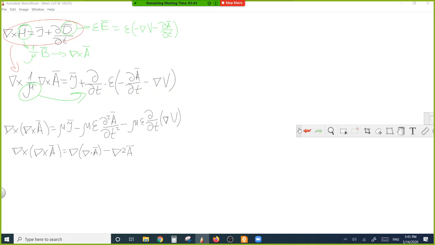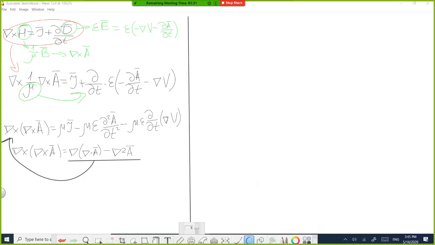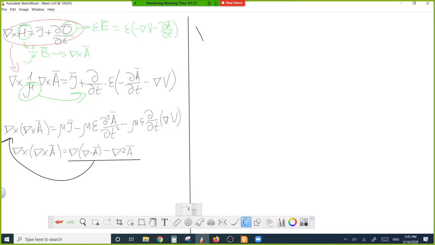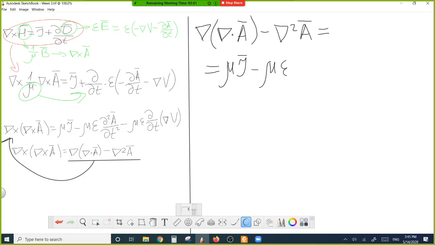What is next? Next, we just put this here and we get the gradient of divergence of A minus the Laplacian of A equals to mu j minus mu epsilon d squared A over dt squared minus this term.